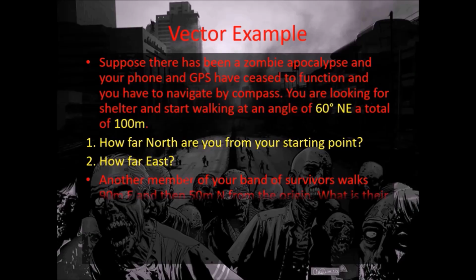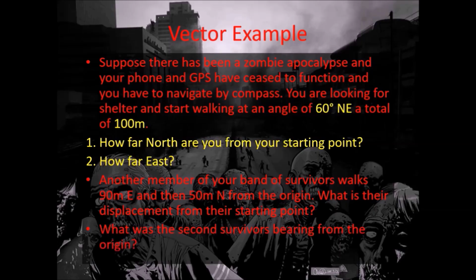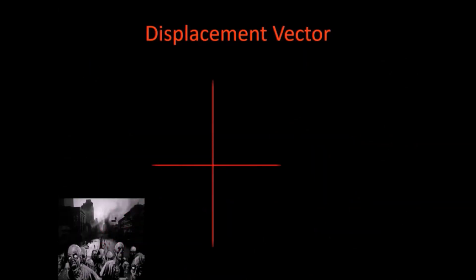So what we're really asking for is the components of a vector of 100 at an angle of 60 degrees from the vertical. So if you were to draw this out, here are our cardinal points again, as per in the previous example. There's our point P that we've walked to, our angle of 60, and there's our 100 meter displacement.